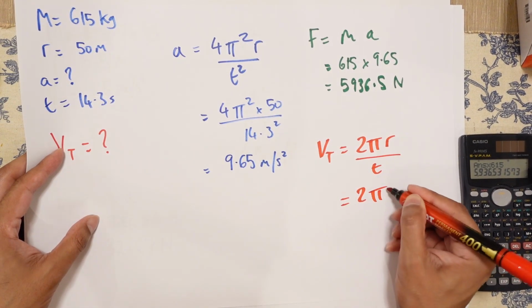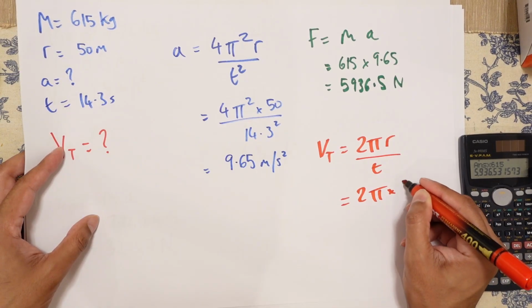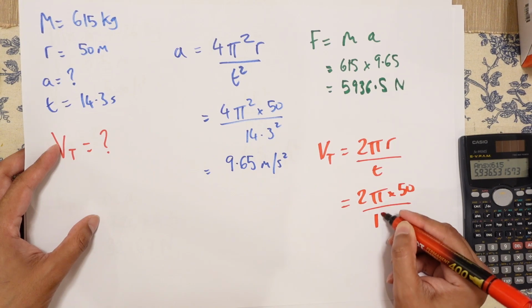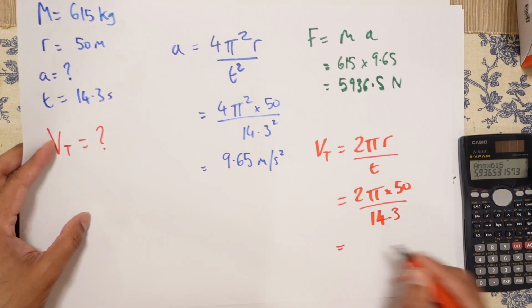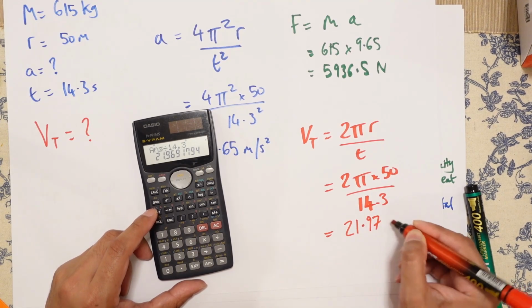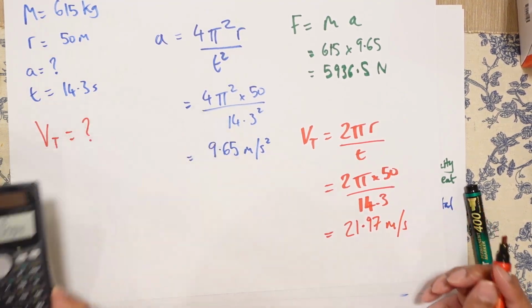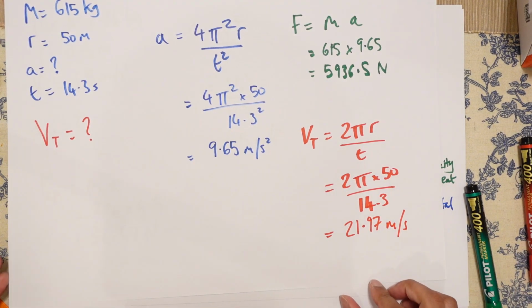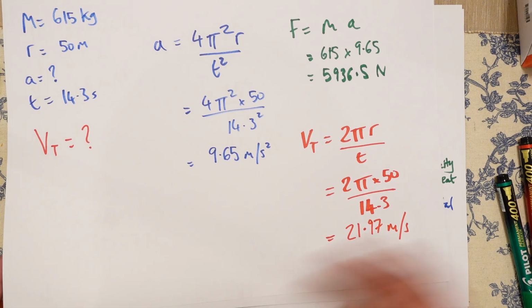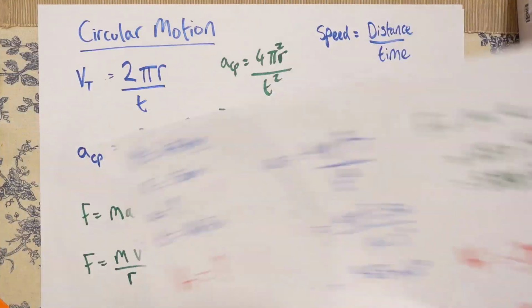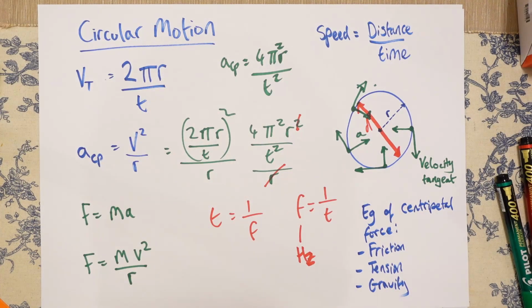That's 2 pi times 50 divided by 14.3, 21.97 meters per second. Easy. That's exactly how you do it, okay? So nothing really massively complex. Just write down everything that you know and then look at the formulae and then go from there, okay?